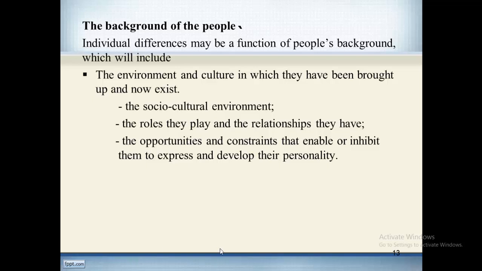If a person from a backward area comes to an advanced city and starts working in an organization, he may be very competent, but possibly due to his background he may not be able to work properly initially.